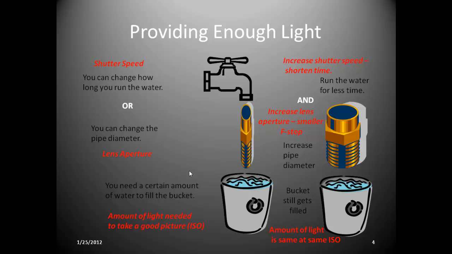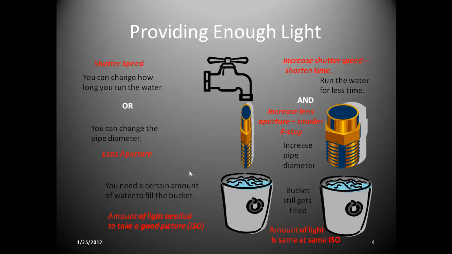Now, there are reasons why you as a photographer want to use either aperture preferred or shutter preferred for taking your pictures. We won't go into that here. I just want you to understand how aperture, shutter speed, and ISO work together and how they relate to the water bucket analogy.